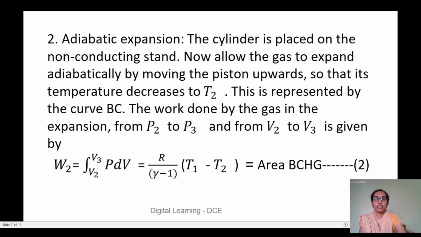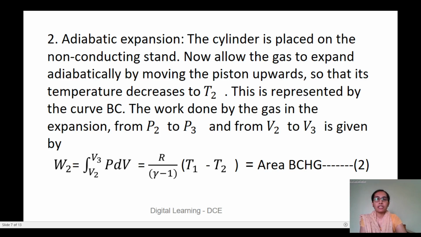Second stage is the adiabatic expansion. For adiabatic expansion, the cylinder is placed on the non-conducting stand, and now the gas is allowed to expand adiabatically. Since we are expanding, the piston is moved upward so that its temperature decreases. Let the decreased temperature be T2. This is represented by the curve BC.